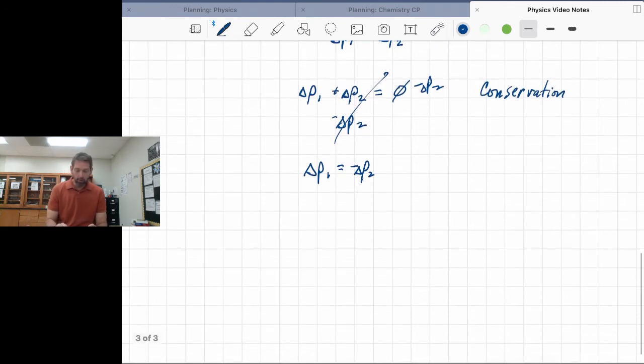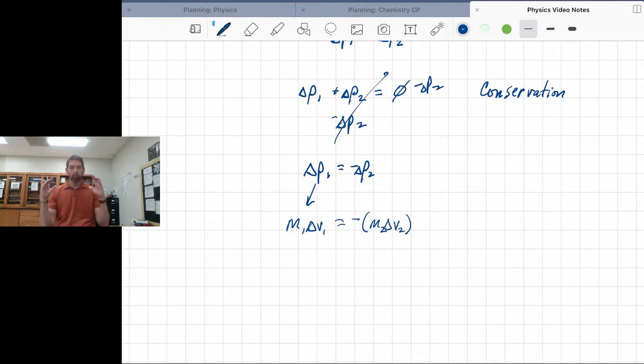Now, if we think about this, momentum is mass times the change in velocity, and that's number 1, equals, right? It would be a negative mass times the change in velocity of the second object. Now we don't have negative mass, so that's why I've put parentheses around the entire expression and then a negative sign, because you can't have a negative velocity, because that's just direction, right? It's a vector. And there you go. There's our conservation.